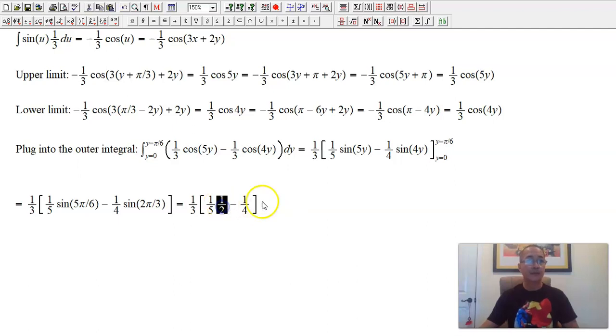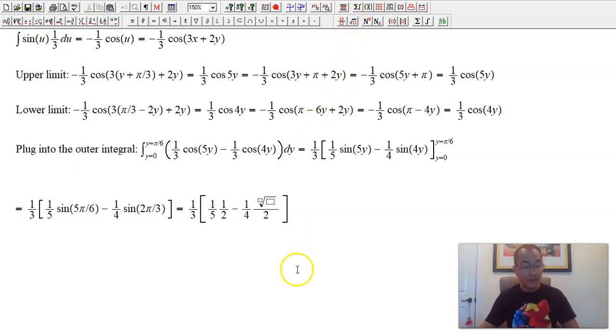Okay, so we have this. Radical 3 over 2. So it doesn't look like there's much we can do to combine those.